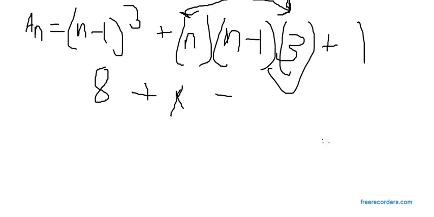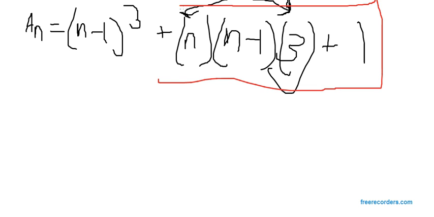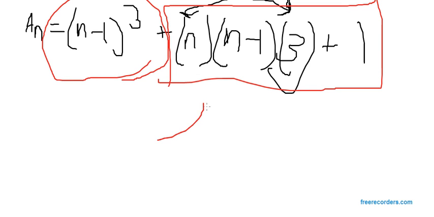Okay? So now we know that in the case of 8 and 27, this part is 19. Because this part's 8, and this part's whatever you need to add to 8 to get to that next cube, which in this case is 27.